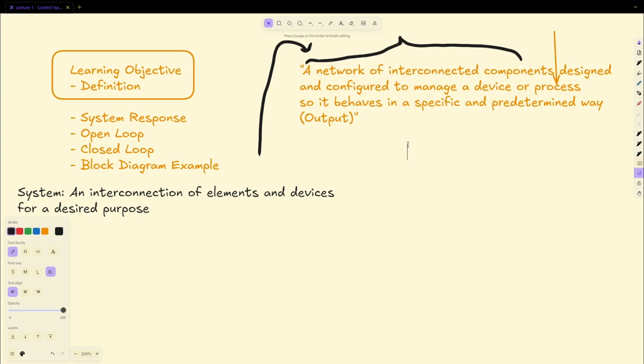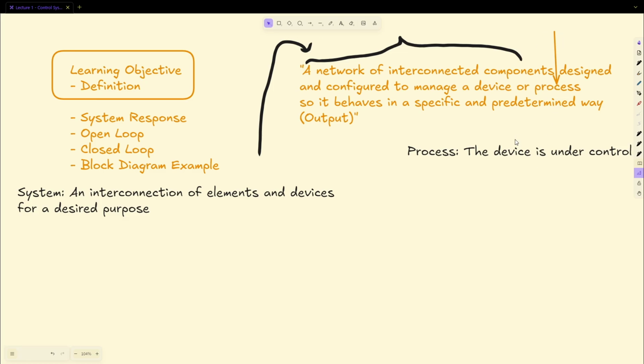Let's also define what a process is. A process is the device or plant or a system that is under control.